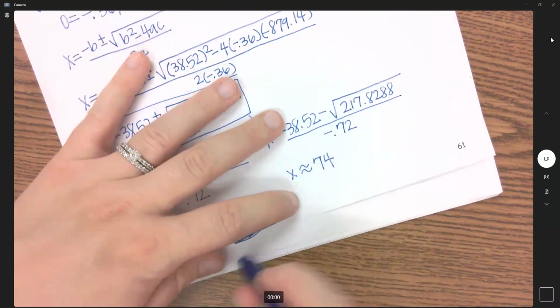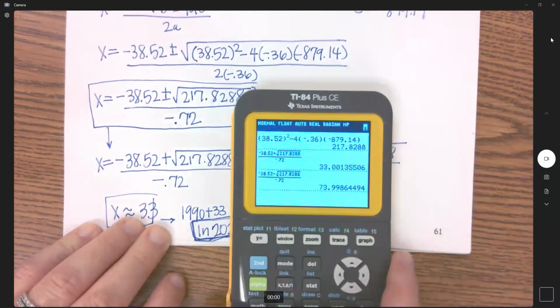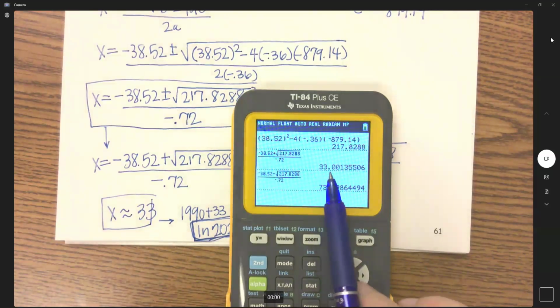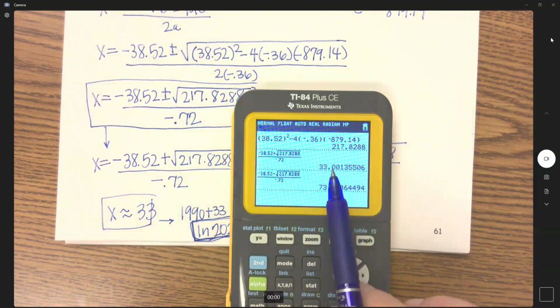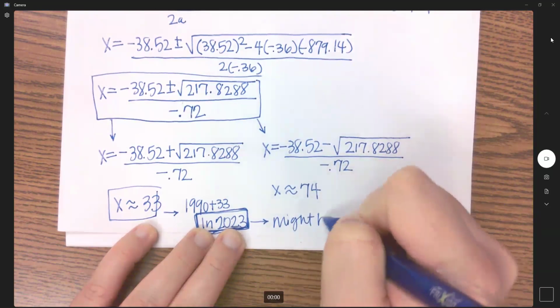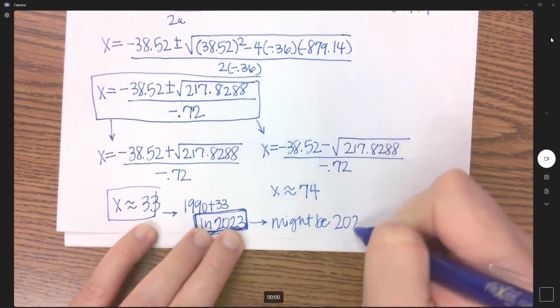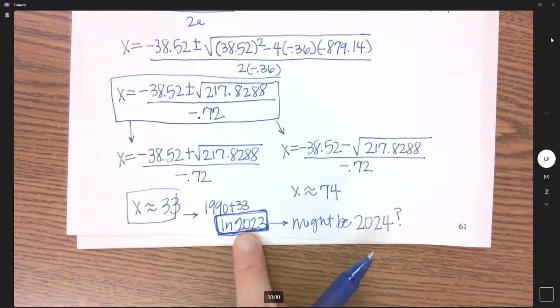And even though this one is so close to 33, right? 33.001. It still might say, because we have gone all the way through that 33rd year and now we are 0.01 into the 34th year, it might be 2024.